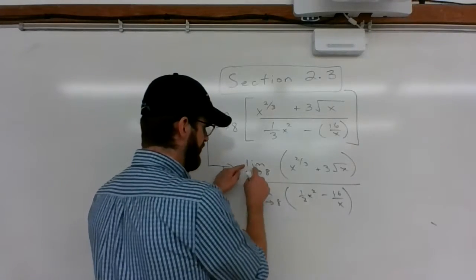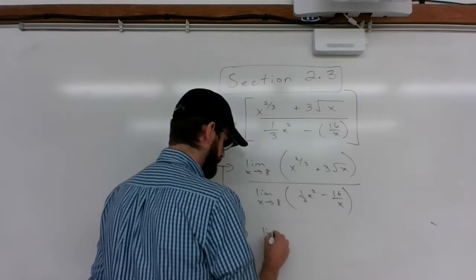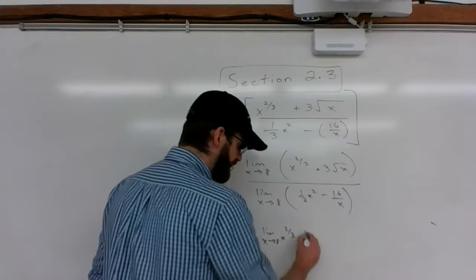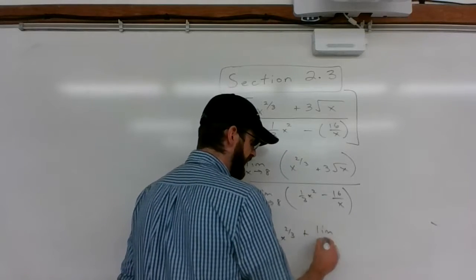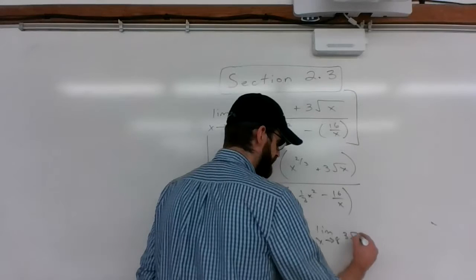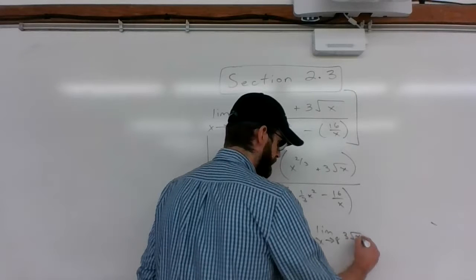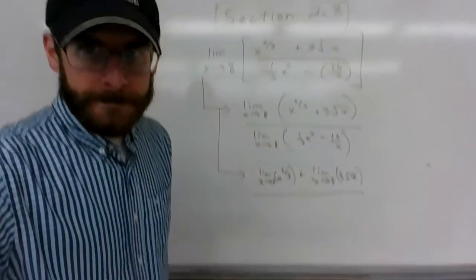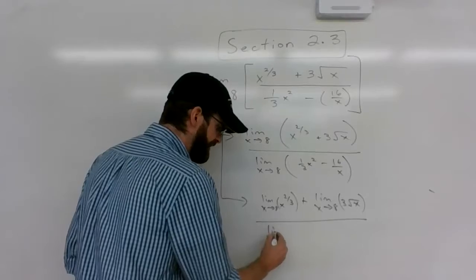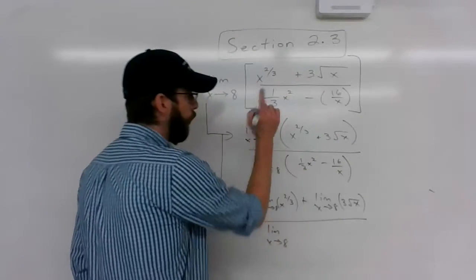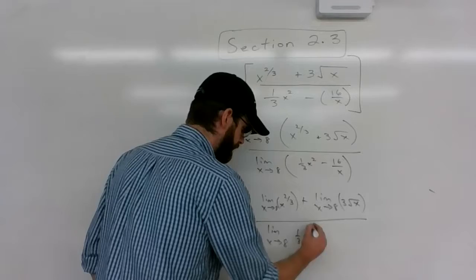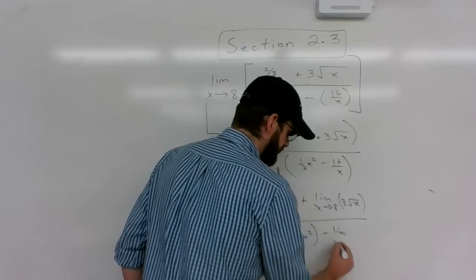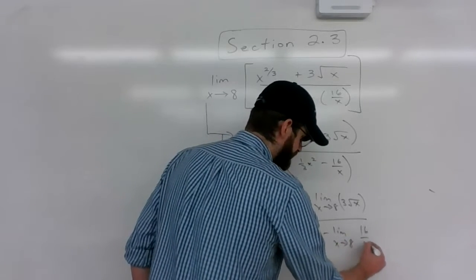I can say this is the limit as x approaches 8 of x to the 2/3 plus the limit as x approaches 8 of 3 root x. And maybe these should be put in parentheses. Those are the things you're taking the limits of. Over the limit as x approaches 8 of 1/3 x squared minus the limit as x approaches 8 of 16 over x.